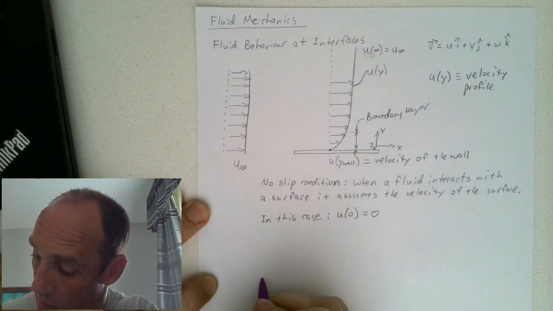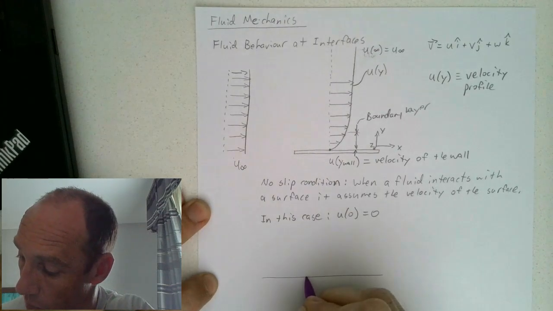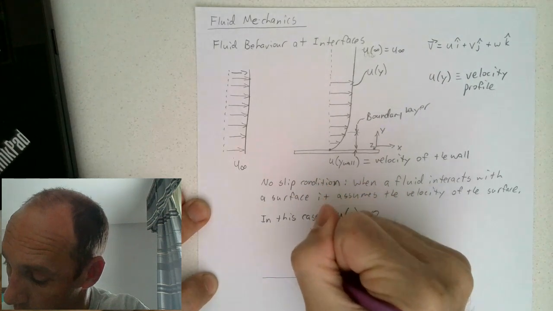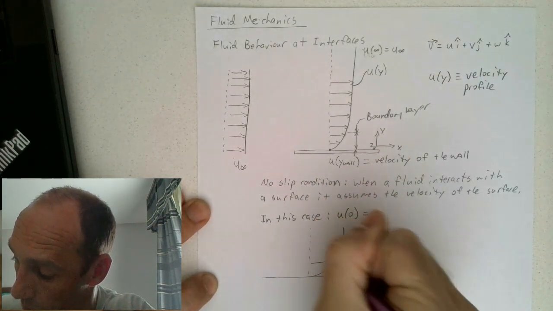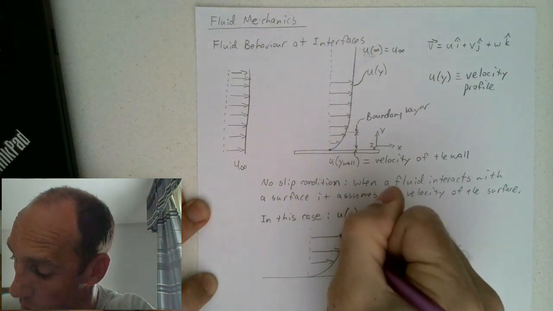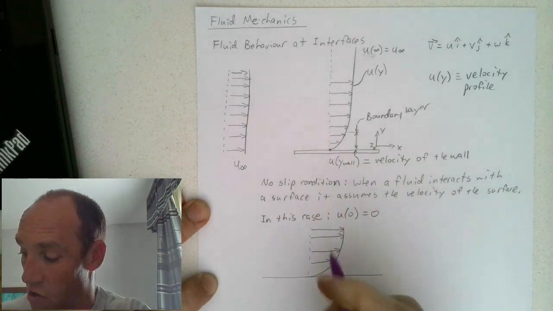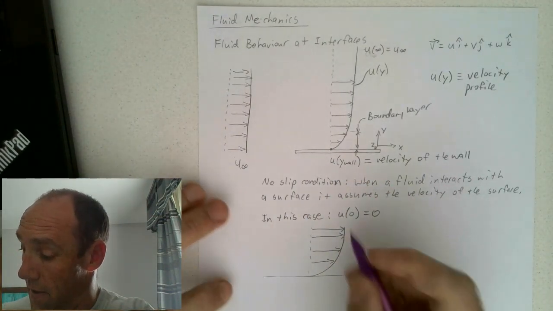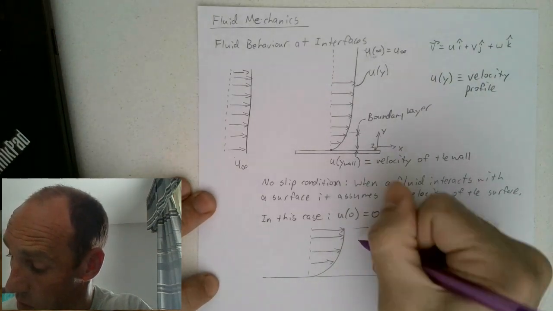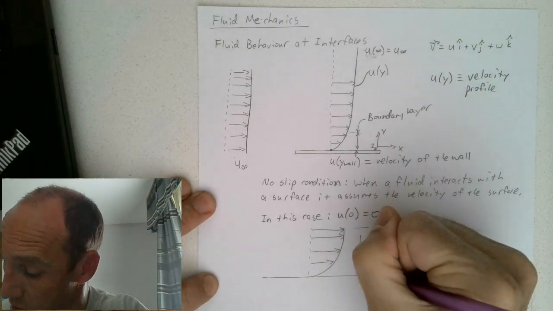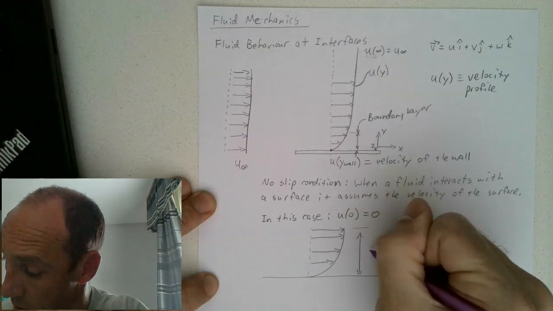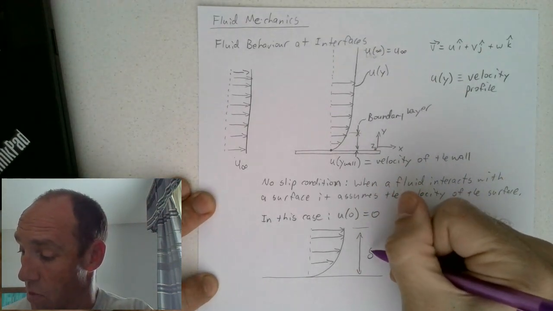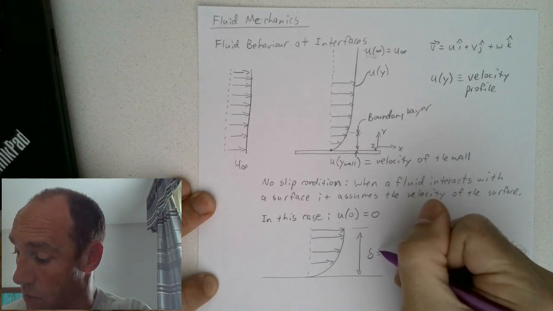And if I zoom in on that, I get something like this. This is where the velocity is changing abruptly, and this distance here is given the symbol delta, and so this is the boundary layer thickness.